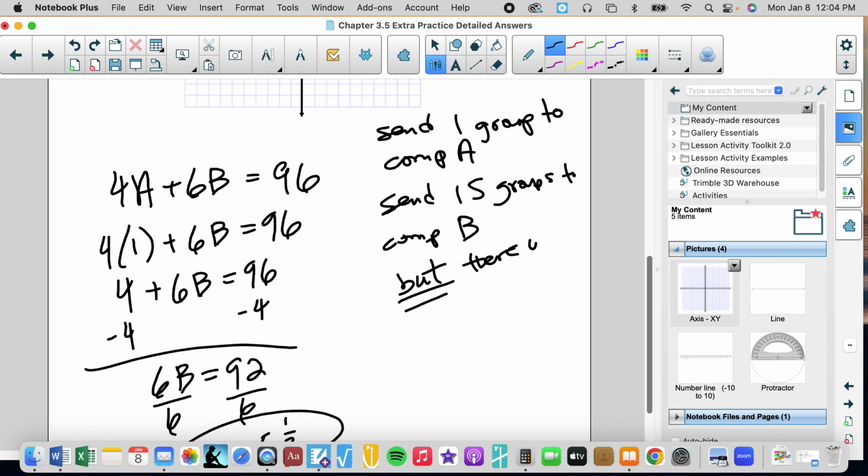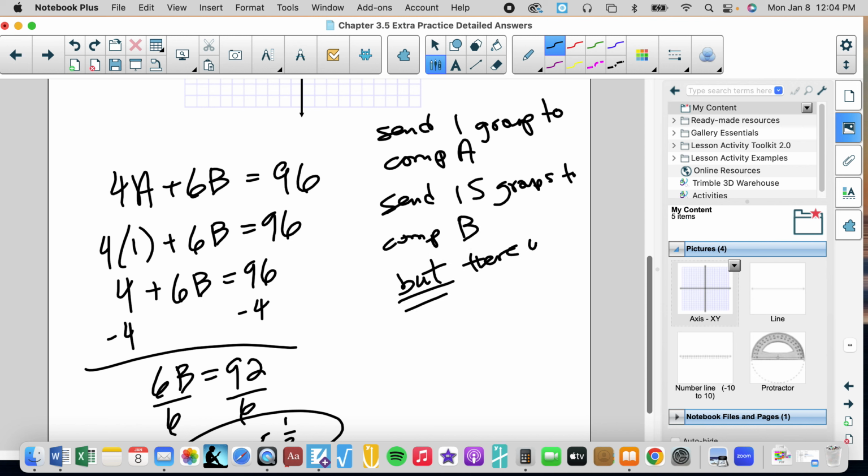B equals 14. So in that situation, where I send 3 to competition A and 14 to competition B, it works out where all 96 members are attending one of the competitions.